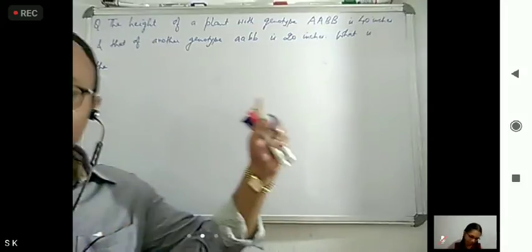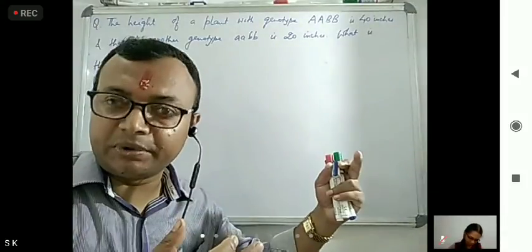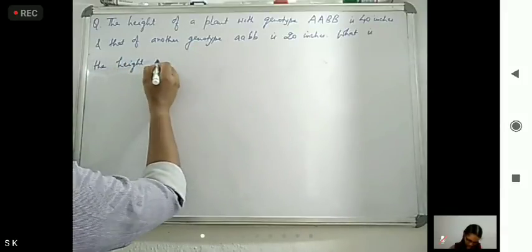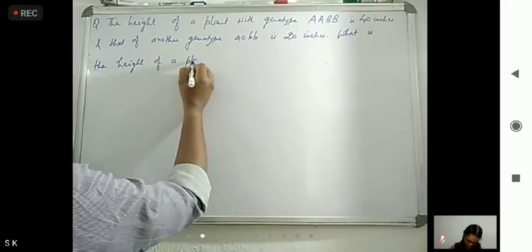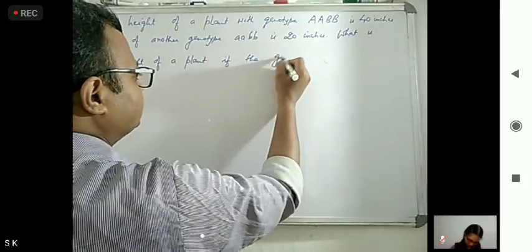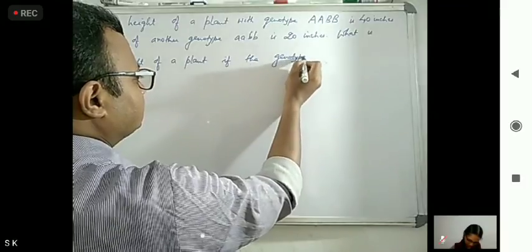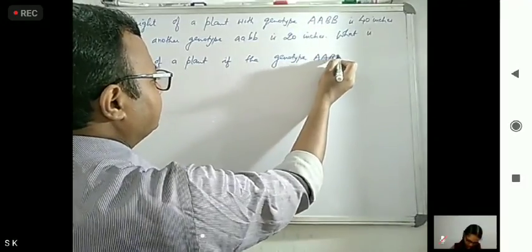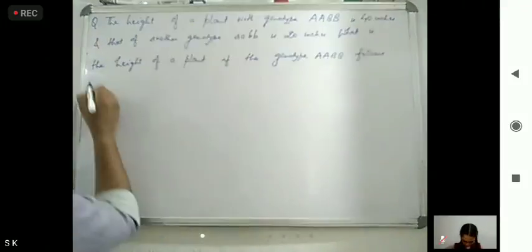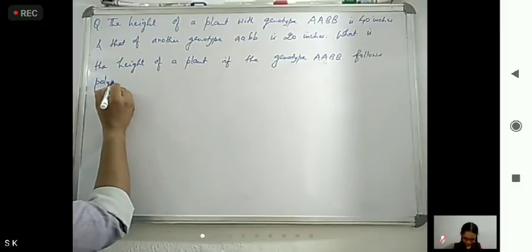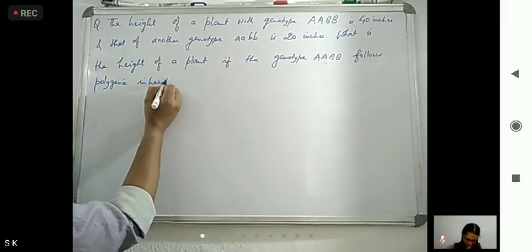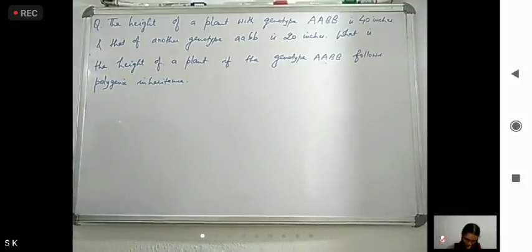They are asking what is the height of a plant if the genotype AABB follows polygenic inheritance. Okay, what is the genotype?